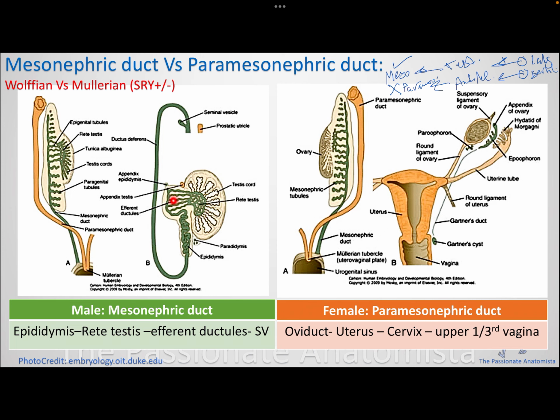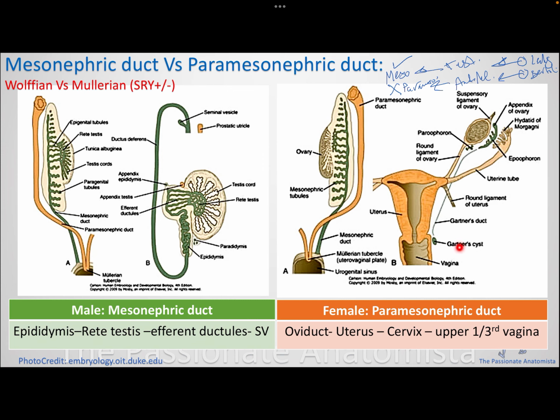And now we're completing the story with the seminiferous tubules, the male tubular system, which is the rete testis, the efferent ductules, the vas deferens, and the seminal vesicle. Now we completed two thirds of the story. So with the gonad 1/3, with the tubular system 1/3, we're going to talk about the last 1/3 when we talk about the external genitalia.